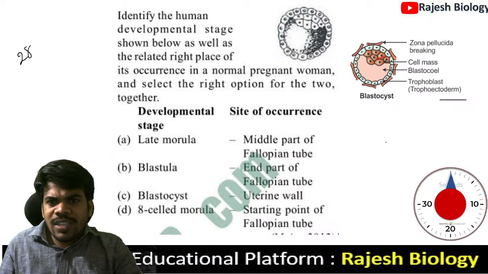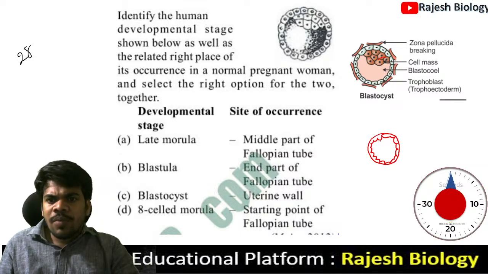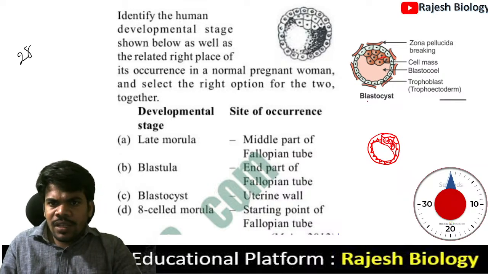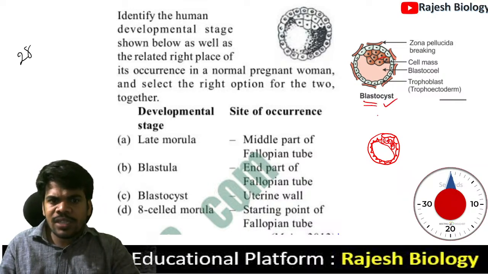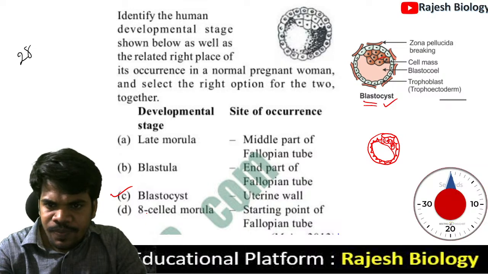It is the blastocyst which is in spherical shape. Why is it spherical? Because there is a blastocoel, a fluid filled cavity. That's why it gets the spherical shape, with inner cell mass and everything. So it is not blastula, it is blastocyst. Blastocyst is present near the uterine wall. It is going to implant. Okay.